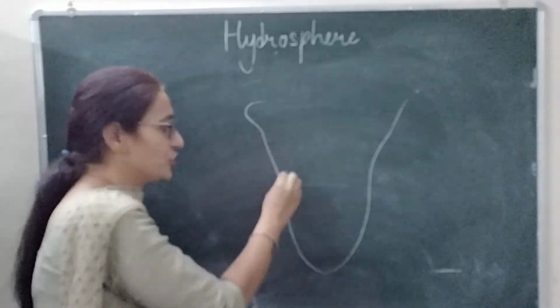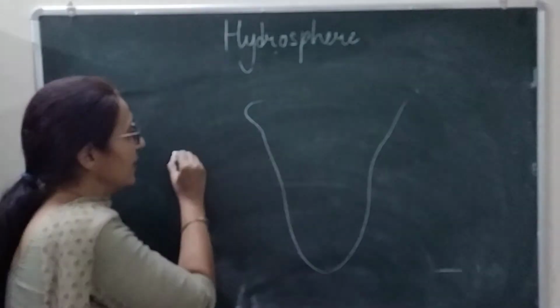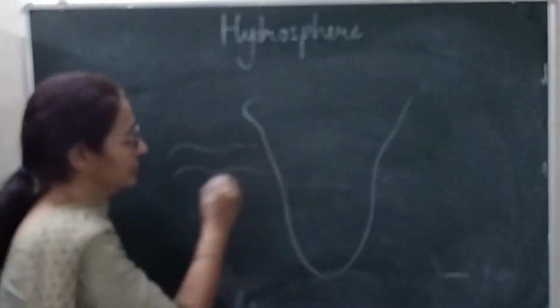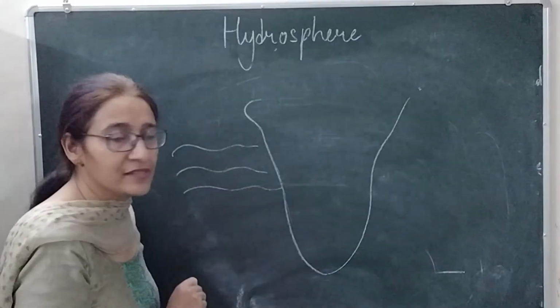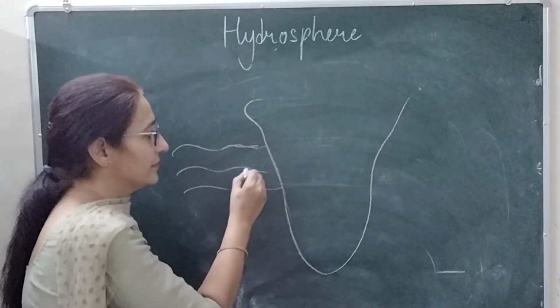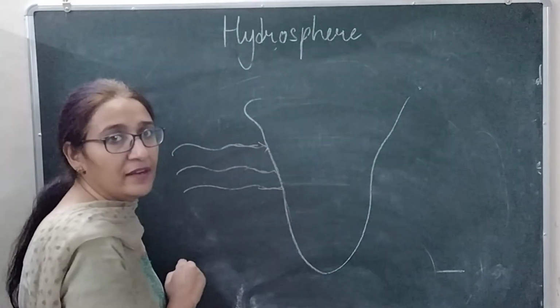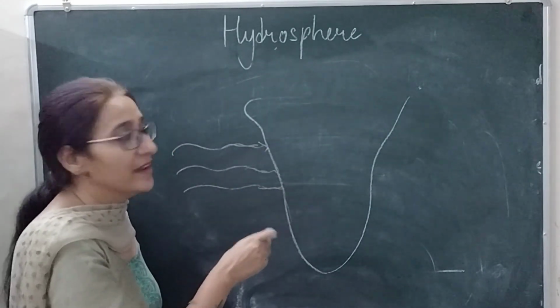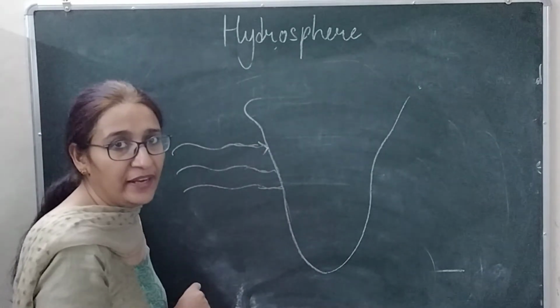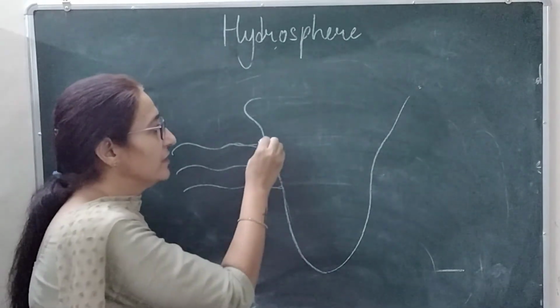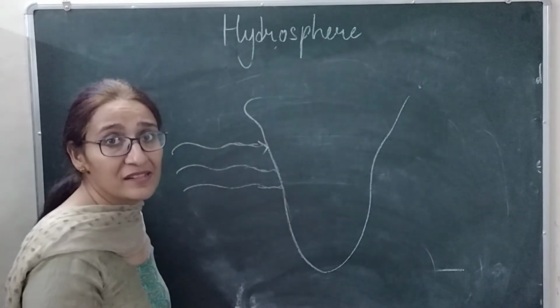Second, in the coastal areas, when high tides strike and hit the coastal area, then weathering takes place.